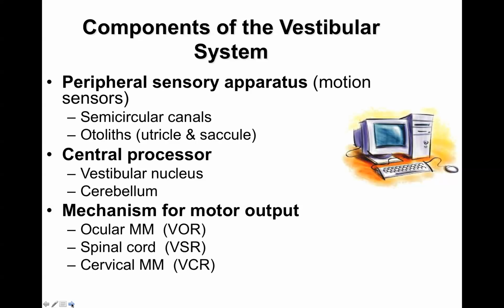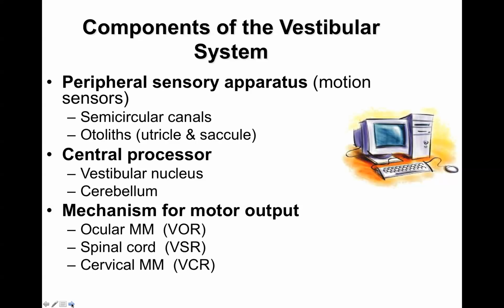The 8th cranial nerve travels to our central processors, to our vestibular nucleus, talks to the vestibular nucleus on the other side, and then information will be sent to the cerebellum and then higher up in regards to the cortex, which is many areas of the cortex, but they have identified the parietal insular vestibular cortex as probably one of the main ones.